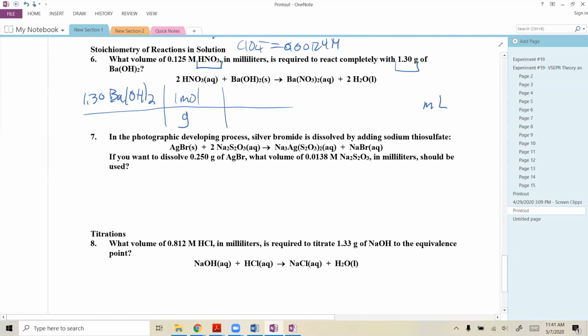And if we have the moles of barium hydroxide, how do we turn that over into moles of nitric acid? From the equation. From the equation. So if we have 1 mole of barium hydroxide, how many moles of nitric acid would that be? 2. 2. All right, so we're close to there. Now, from our moles of nitric acid, how can we get that into a volume?